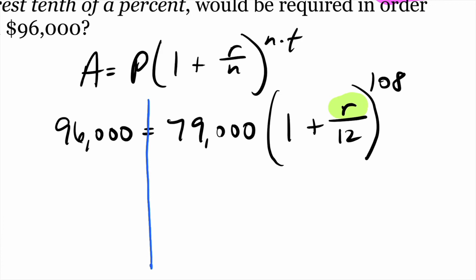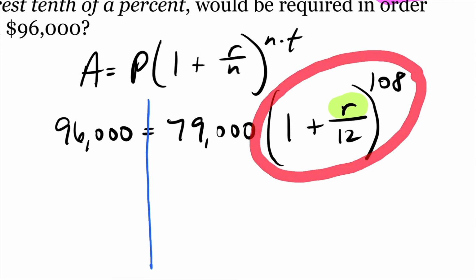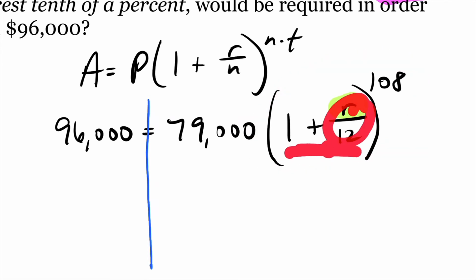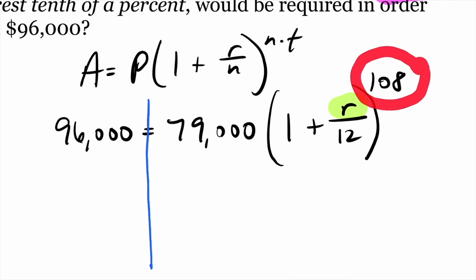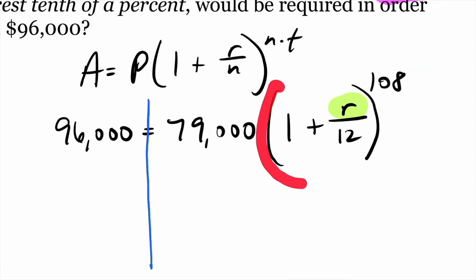I'm thinking I'm going to divide over here. I can't add up these two like I usually do, because R, I don't know what it is. That's off limits, right? This power right here is a very big power. That means there are 108 of these lined up. I don't want to have to multiply those out. That's going to be a lot of multiplication, and I don't want to do that right now.